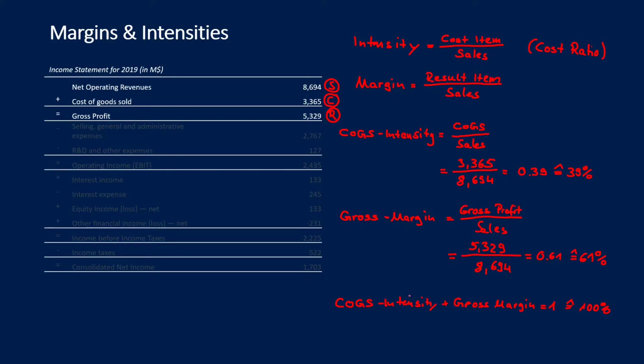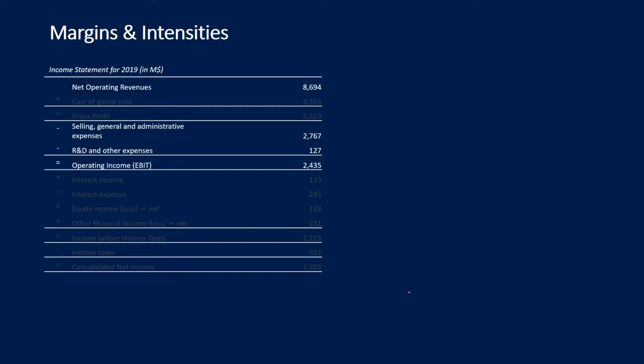If we now go into the next layer of our income statement, of course we can calculate the same for selling and general administrative expenses, which is a cost item again. R&D expenses is a cost item again.